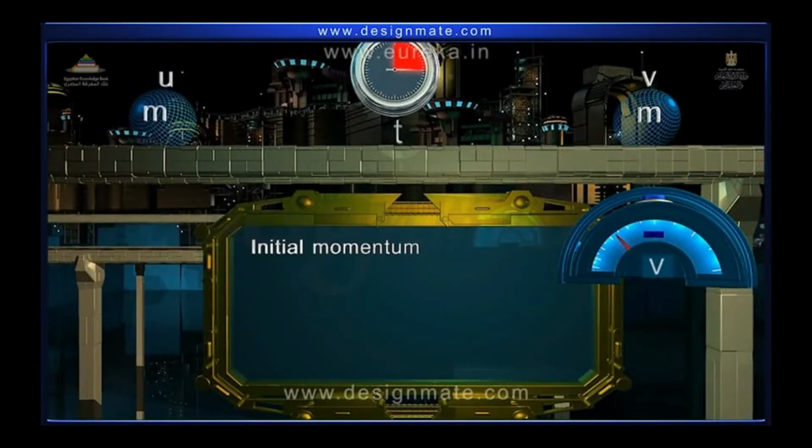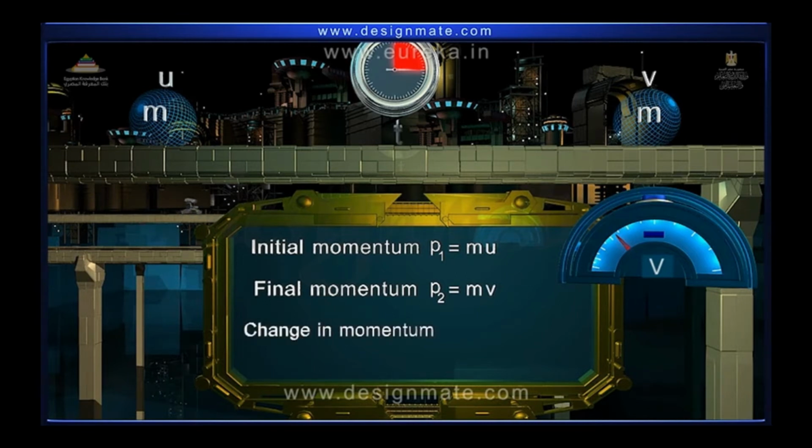The initial momentum of the body is given by p1, which equals m into u. And the final momentum of the body is p2, which equals m into v. Here the change in momentum of the body in t seconds is given by p2 minus p1, which equals mv minus mu.